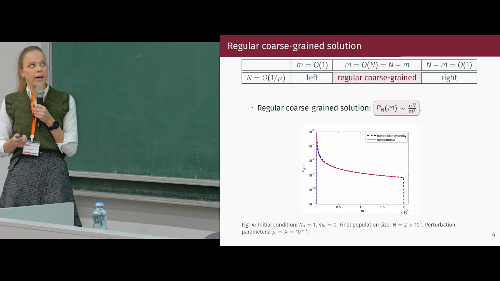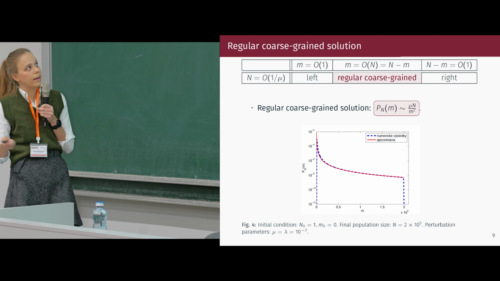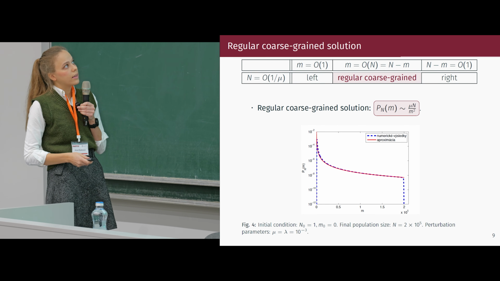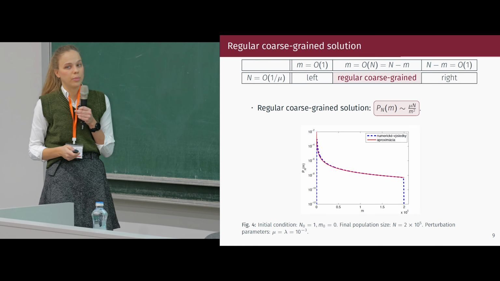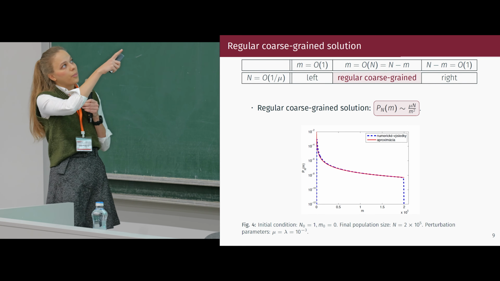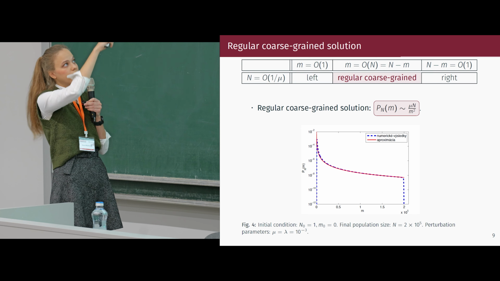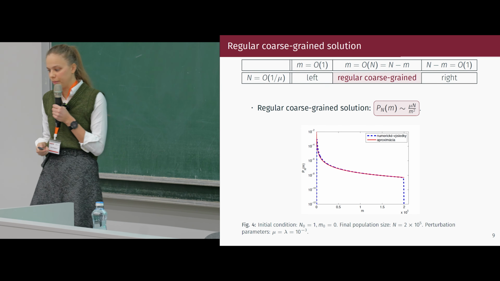It was derived by a regular perturbation analysis in the perturbation parameter mu, and we can see that it describes the bulk of the distribution very well. If we compare the numerical results, the blue dashed line, with this approximation, the red solid line, it works very well.